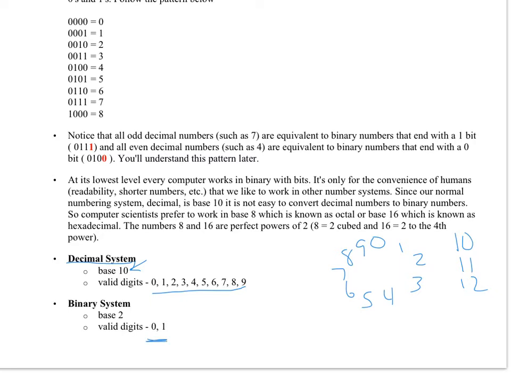Binary is the most simple, but it can obviously get you a little messed up sometimes. 0 and 1 are the only two digits in a base 2 system, and that's the system that computers think in. They think in on and off.